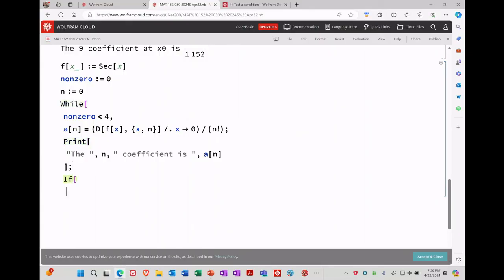Now I want to do the if a sub n equals 0, non-zero equals non-zero. I don't want to add anything. Else, actually, I think I can just do this. Else, add 1 to non-zero. So, if the coefficient turns out to be 0, don't change the non-zero.